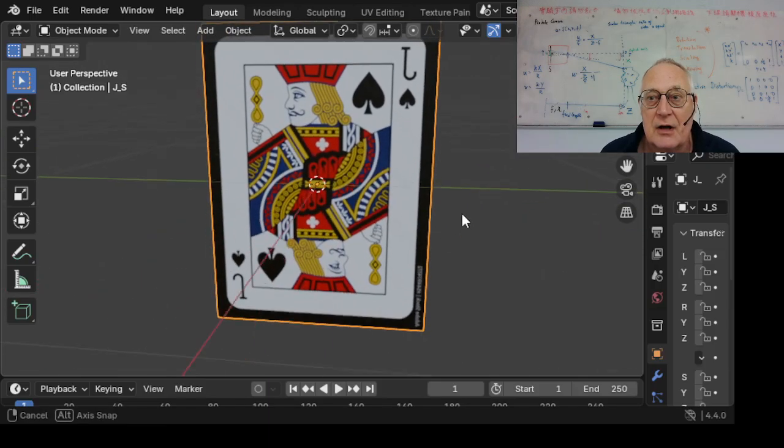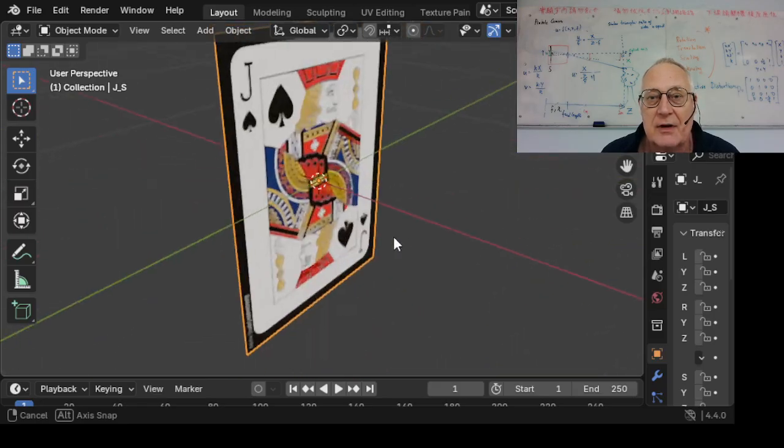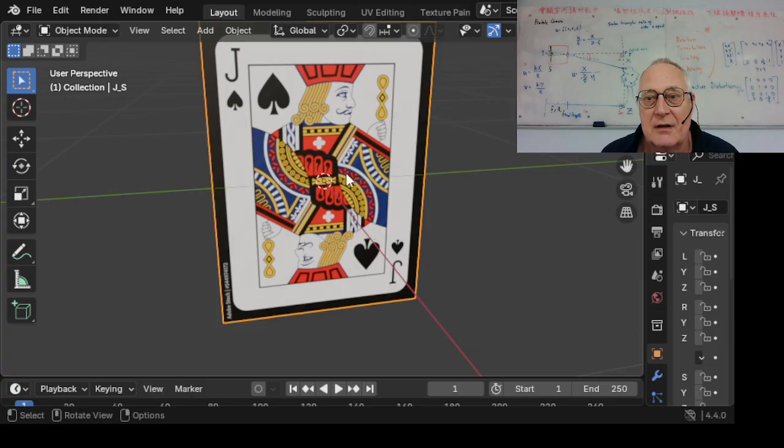So here's our card. That's the back of the card. This is the front of the card. Jack of spades. You can do all of the cards that you would like to do.